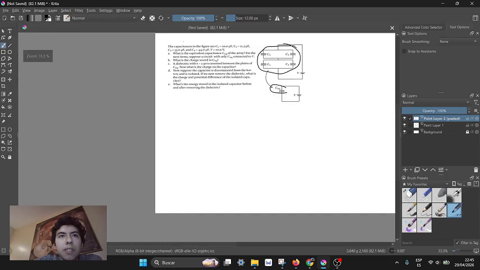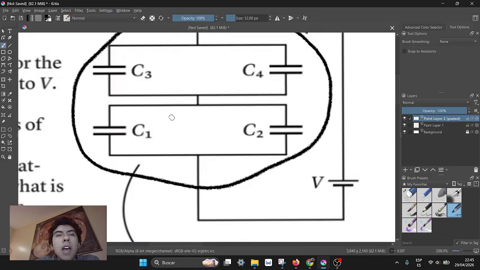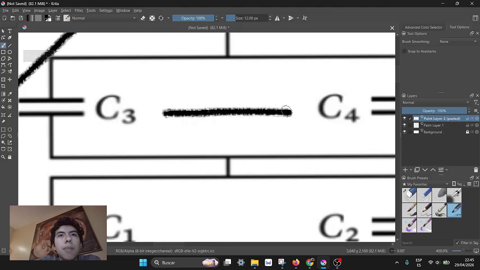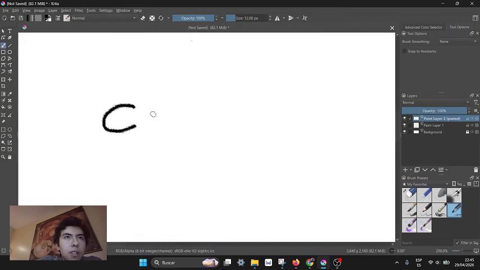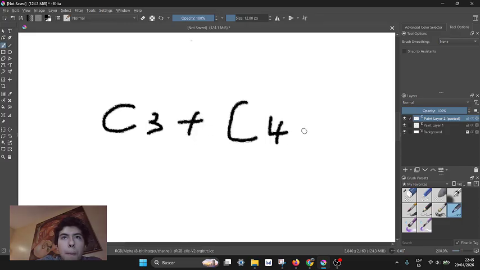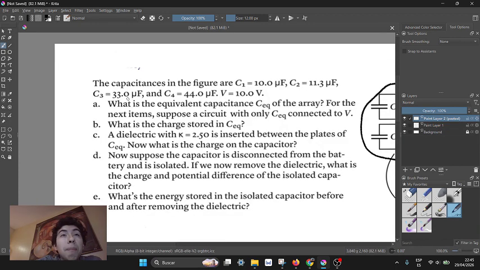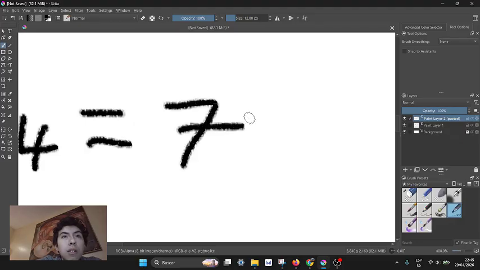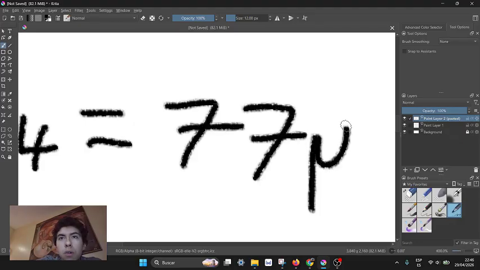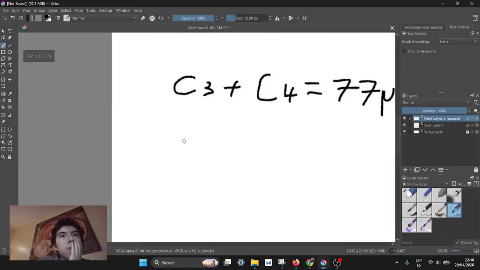So first off, the capacitance of C3 and C4, because they are in parallel, means that it's going to be C3 plus C4 equals 77 uF.